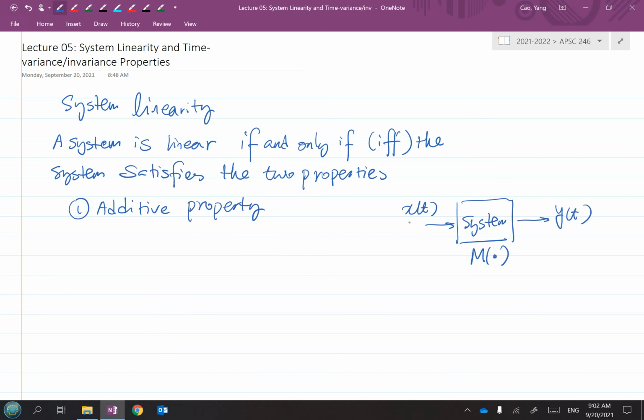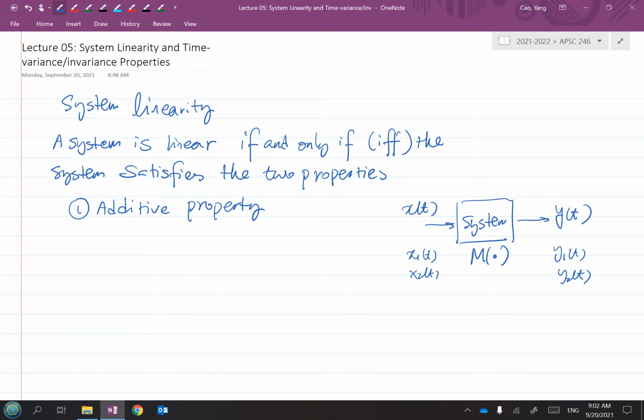This is just a symbol, so you could replace x of t with x1 of t or x2 of t, a specific type of input. Of course, it will generate a specific type of output.